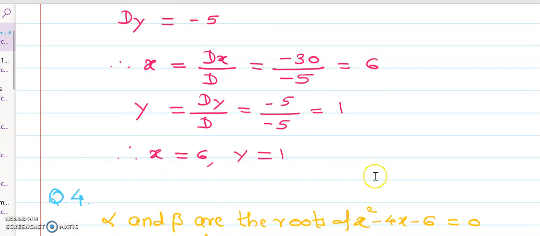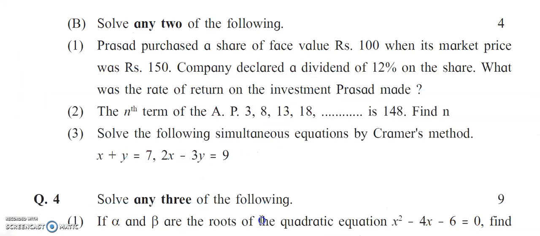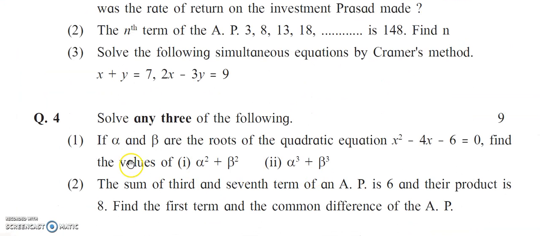Now next, if alpha and beta are the roots of the quadratic equation x square minus 4x minus 6 equal to 0, find the values of alpha square plus beta square and alpha cube plus beta cube.